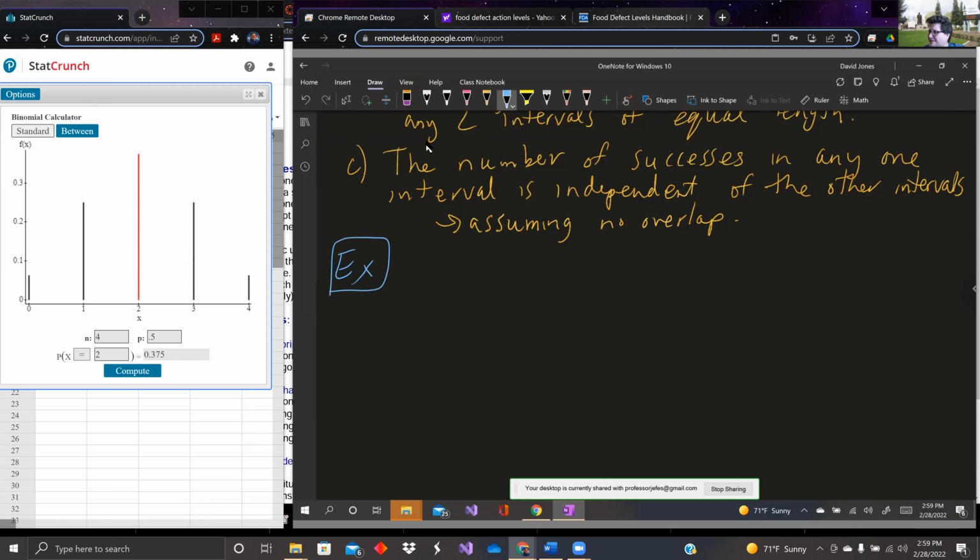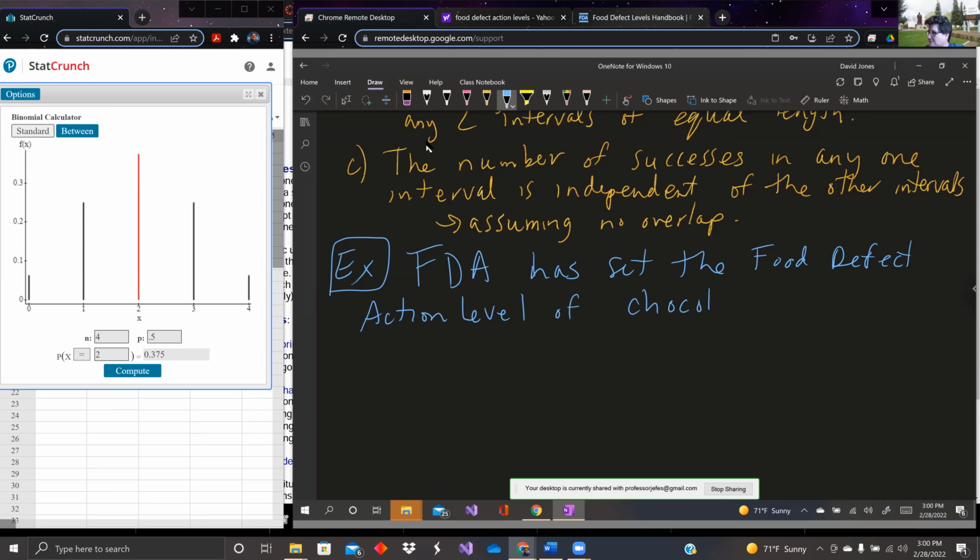So the FDA, Food and Drug Administration, has set the food defect action level of chocolate to 60 insect fragments per 100 grams.